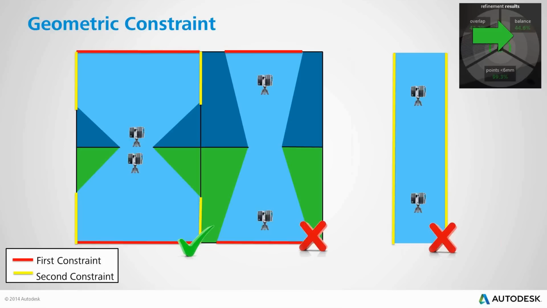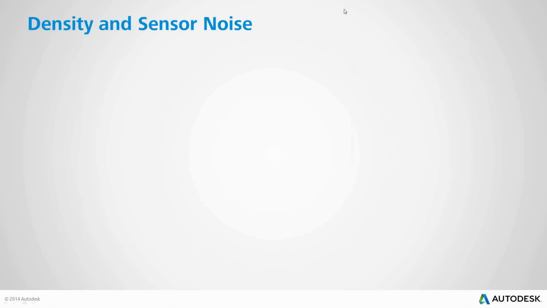In the example here with the hallway, you're going to have basically a 0 percentage balance because there isn't enough information to constrain the data along that dimension. Okay, so that gives us the balance and overlap.